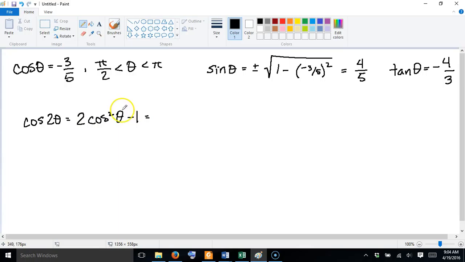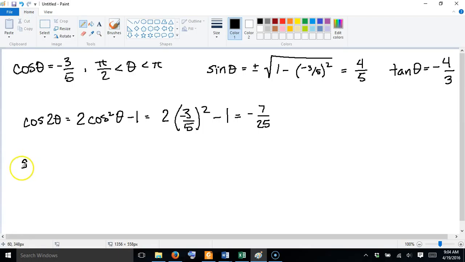So in for cosine, we plug in our cosine value that we're given: 2 times negative 3 over 5, squared because it's cosine squared, then subtract 1. And from this, we get negative 7/25. And that's all you do for that one. We have found the value for cosine of 2 theta.